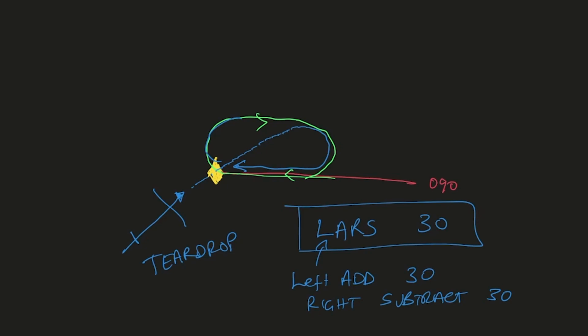So in this case, if the radial is 090, you're going to subtract 30. So you're going to fly a heading of 060 for a minute, and then fly a heading of 270 to fit into the hold, and then fly the pattern.